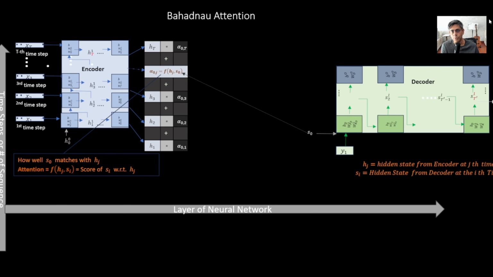That's the first thing you notice. The second thing was that the context was formed by adding up all these weighted hidden states, and then the context vector we were adding to the input. That eventually gave us the hidden state S1 and the final output. That was about our additive attention.